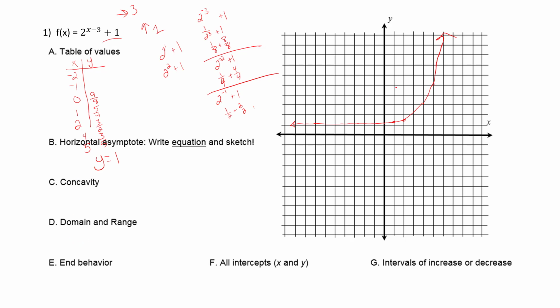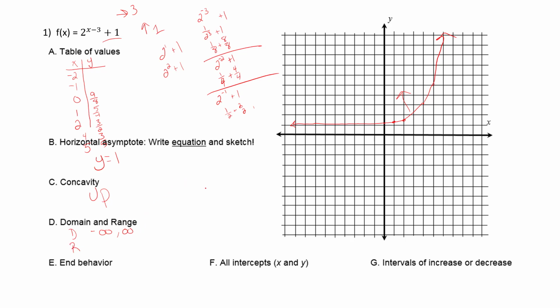Concavity, we're looking for where is the bowl facing. Is the bowl facing up or is the bowl facing down? In this case, the bowl is still facing up. Domain and range. Well, domain, let's think about the furthest left x value. We can plug any x value we want in and we will always get an outputted y value. So domain is -infinity to infinity.